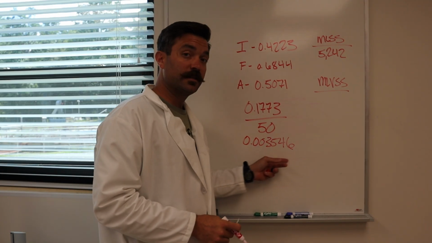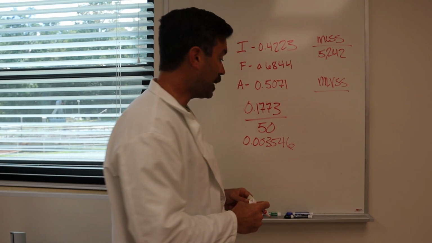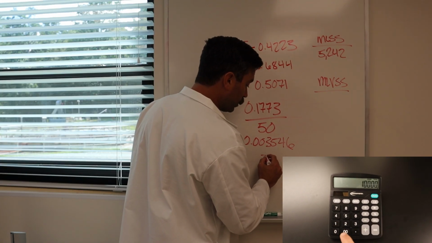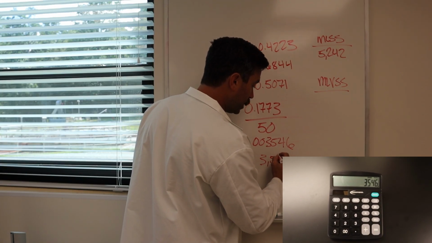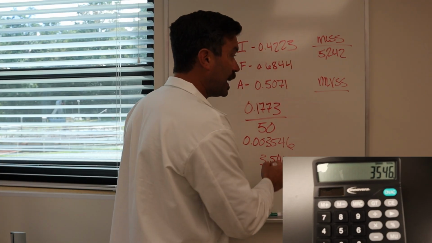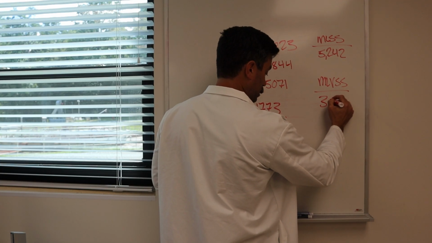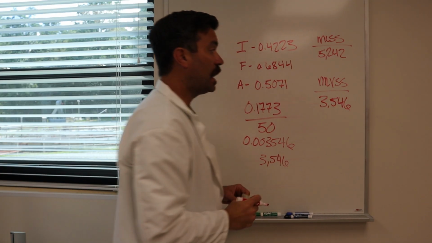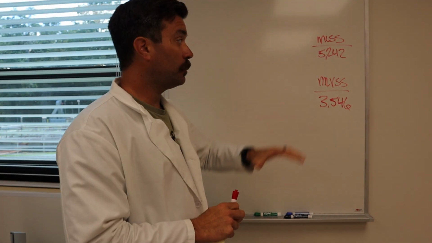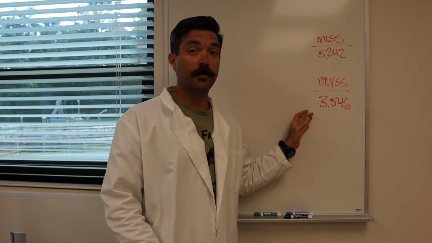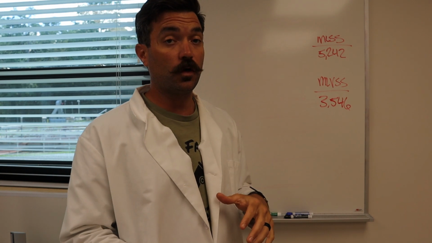We have to scale this number up, so let's multiply it by a million. And when you multiply it by a million, you're left with 3,546. So that is actually your mixed liquor volatile suspended solids. So both the numbers that we have are very important, and they're very good numbers to keep up with regarding your process control.